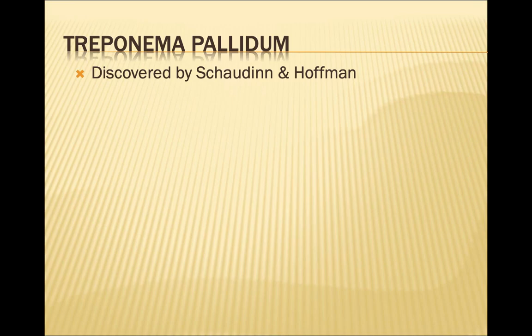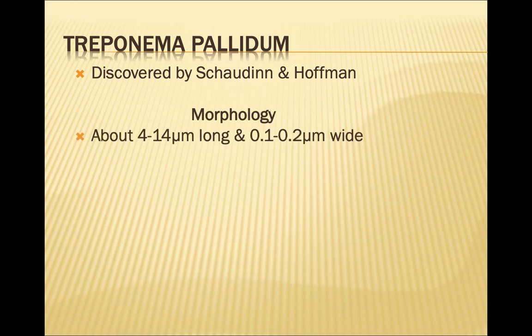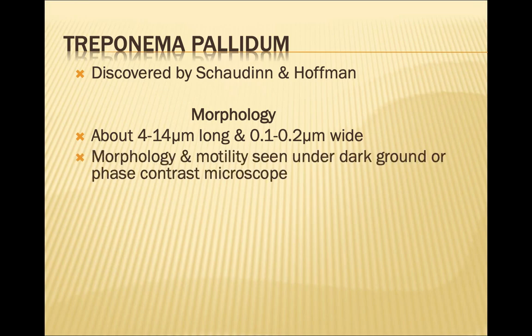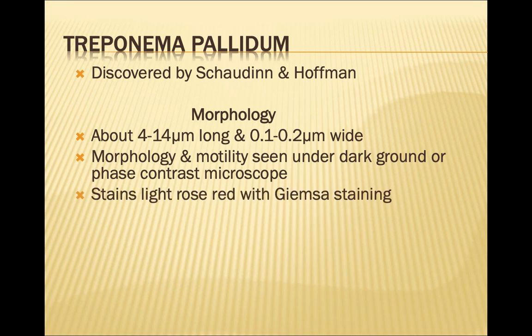Now coming to Treponema pallidum, this was first discovered by Schaudinn and Hoffmann. The size of Treponema pallidum is about 4 to 14 microns. The morphology and the motility can be best made out under the dark ground microscope or the phase contrast microscope, and you can use certain stains.